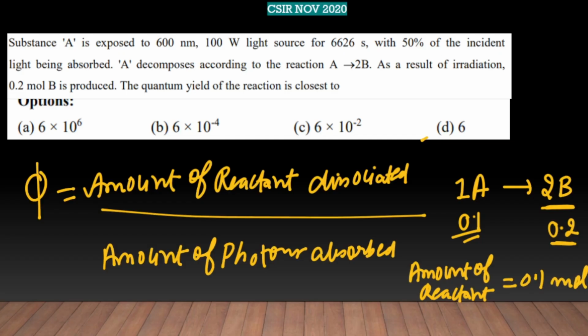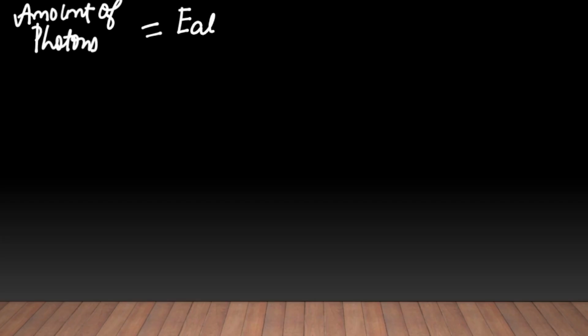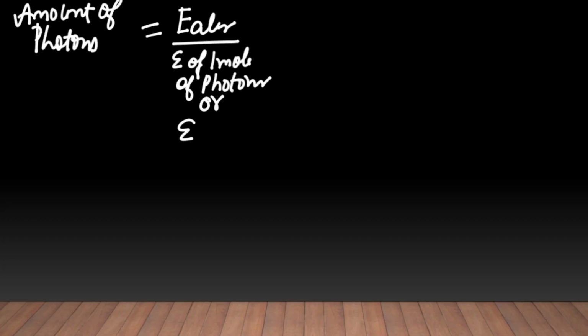Now to find the amount of photons which has been absorbed, this is going to be equal to the energy absorbed divided by the energy of 1 mole of photons. Or we can say it is equal to the energy of 1 Einstein.